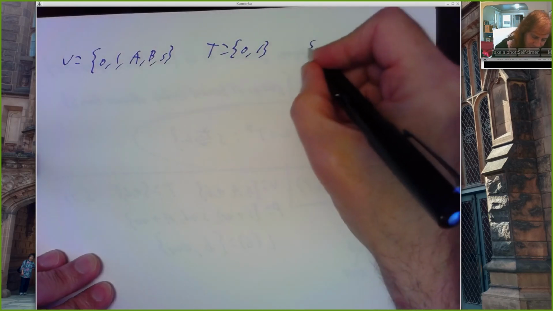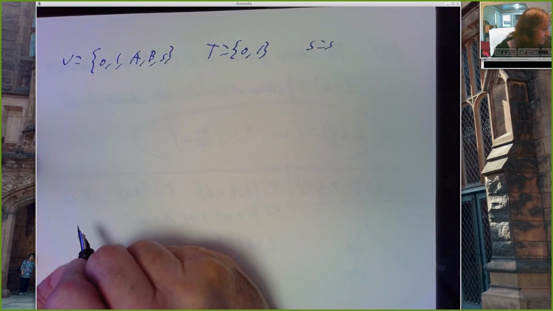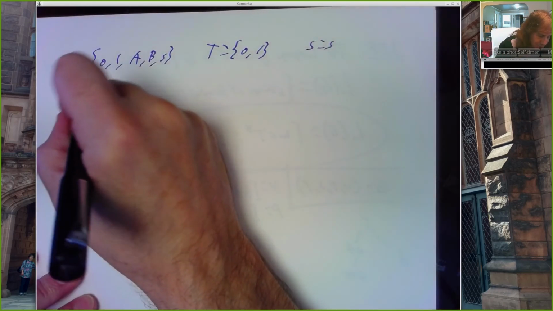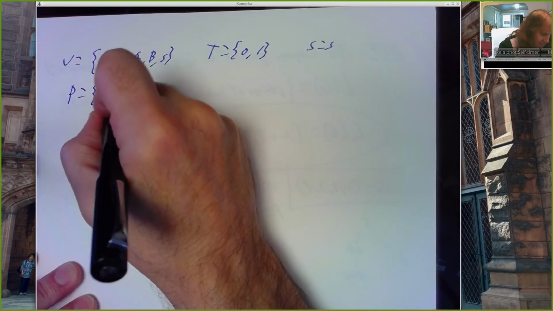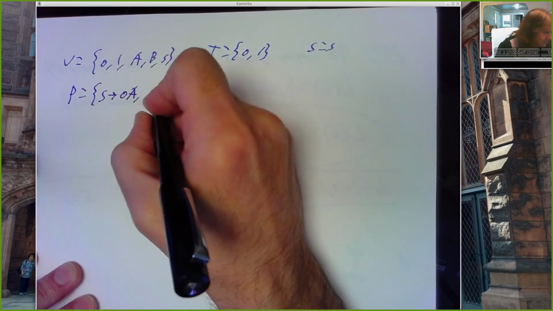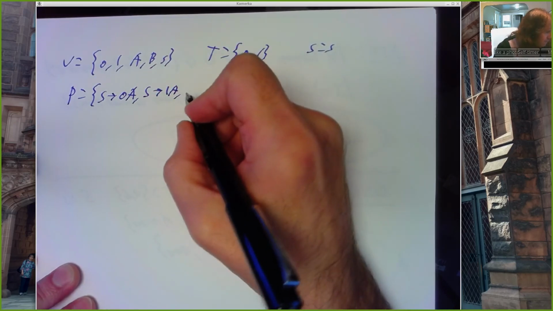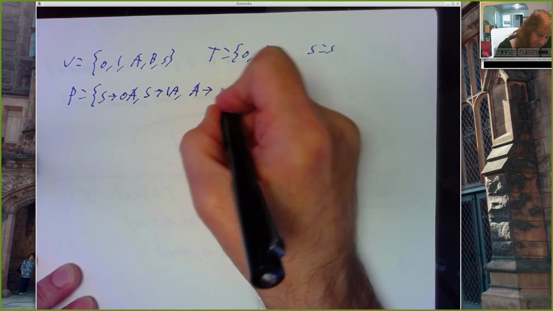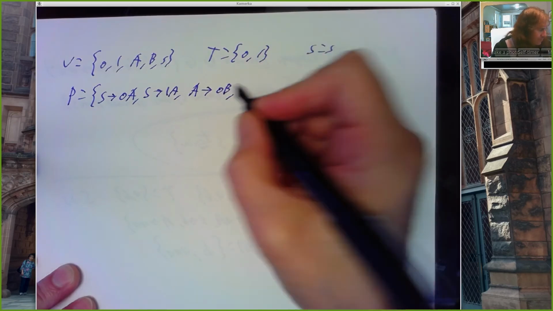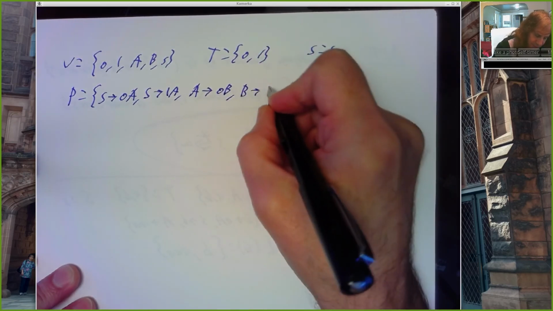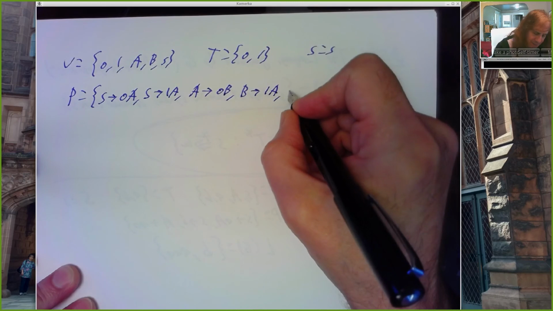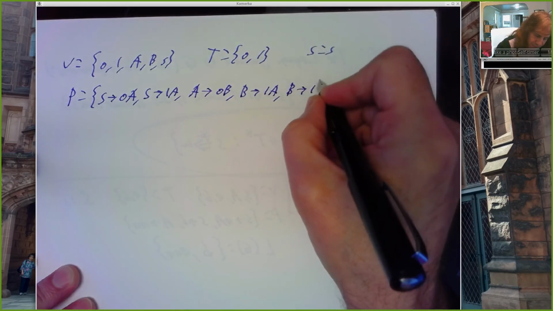Our start symbol is S, as it almost always will be. Here are our production rules. We can take S and turn it into 0A. We can take S and turn it into 1A. We can take A and turn it into 0B. We can take B and turn it into 1A. And we can take B and turn it into 1.